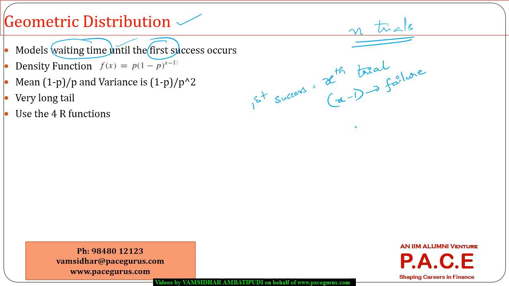So probability-wise, the probability of failure is 1 minus p, and because I had x minus 1 failures, the probability of x minus 1 failures is 1 minus p to the power x minus 1, and the probability of the success, which is one single success, is p. So that's where the geometric distribution will have a density function of p times 1 minus p to the power x minus 1.